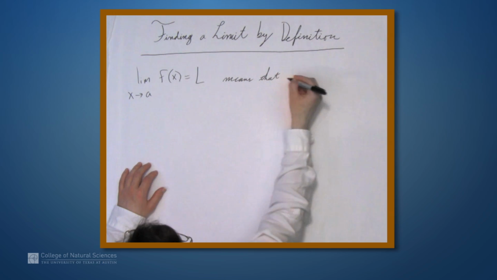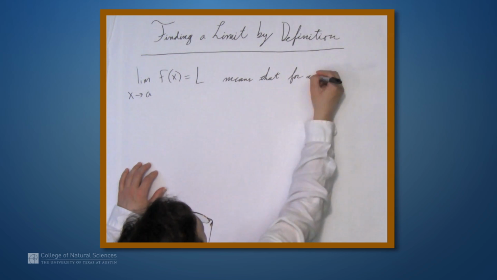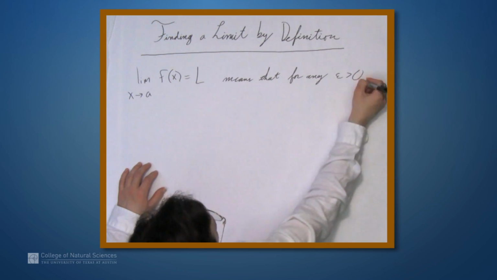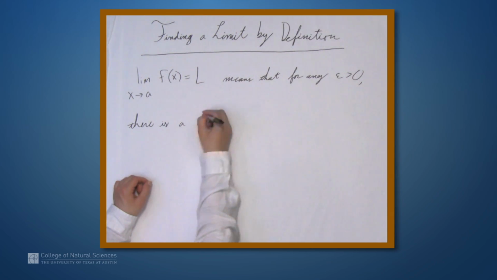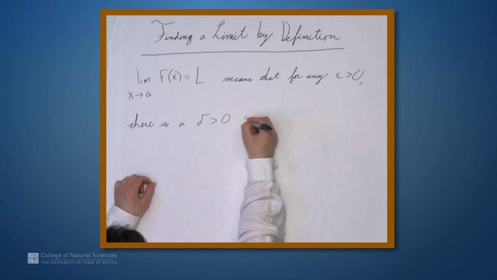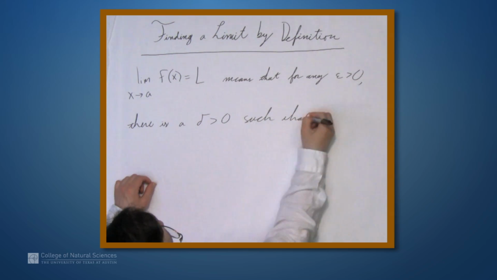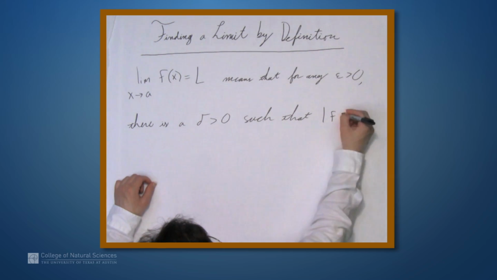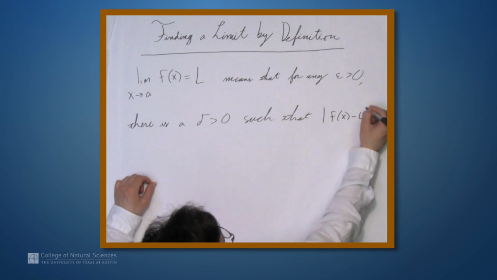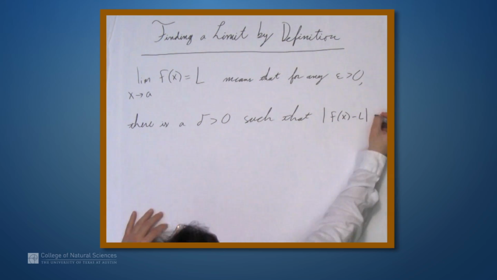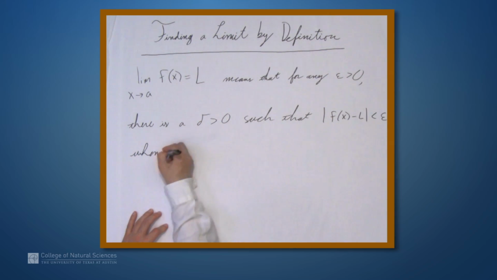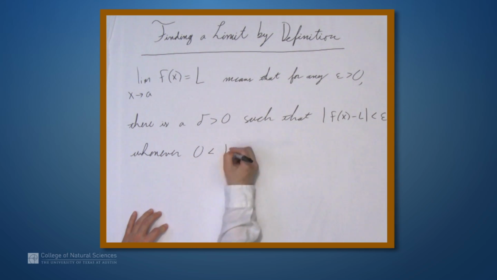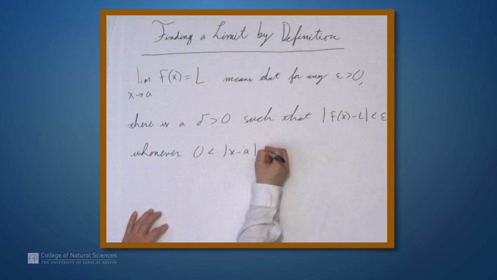that for any epsilon greater than 0, there is a delta greater than 0 such that the absolute value of f of x minus L is less than epsilon whenever the absolute value of x minus a is between 0 and delta.